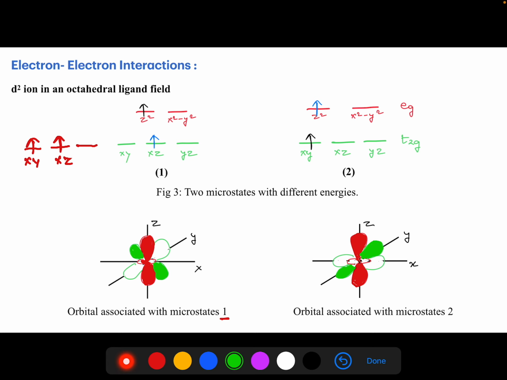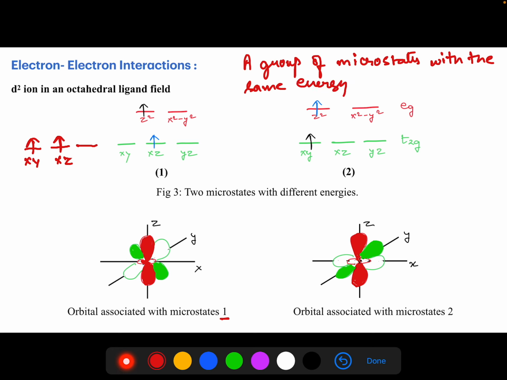A group of microstates with the same energy is called a term, and the number of electronic transitions can be predicted from the number of terms.